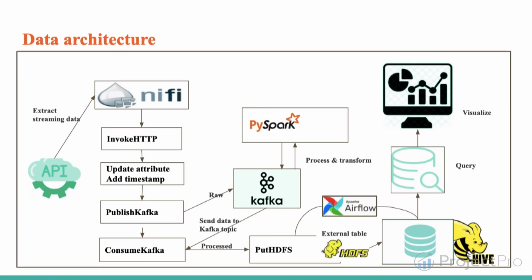Once we publish the data onto the input Kafka topic, that is raw data, which is parsed data we can call, we now have to perform some transformations on top of it using PySpark.